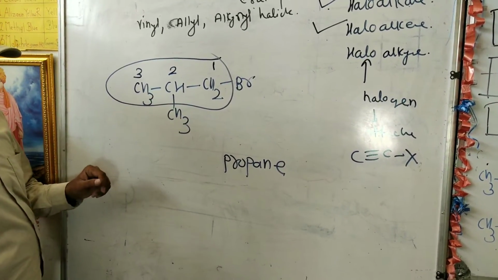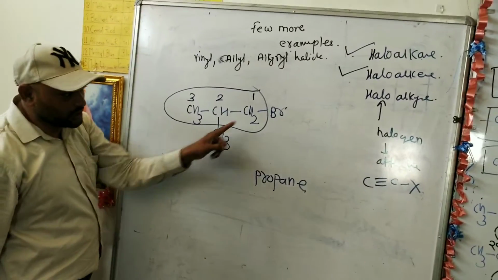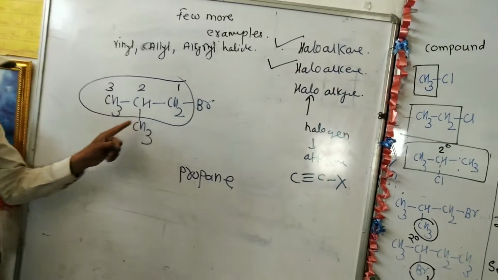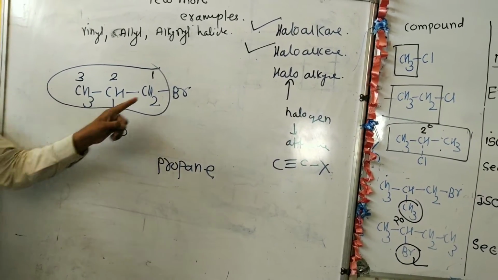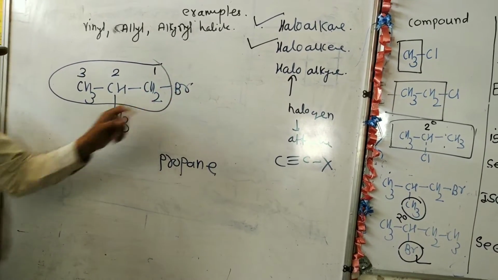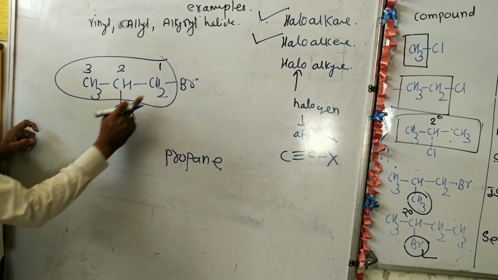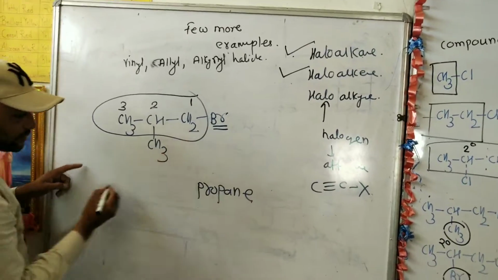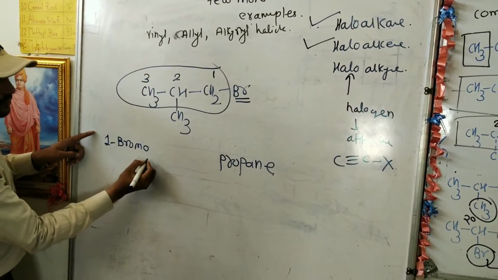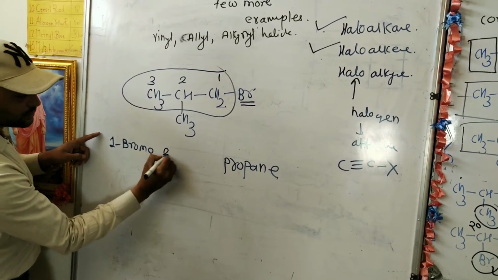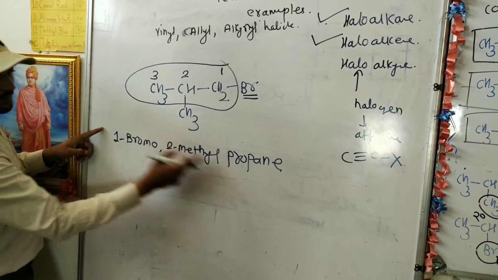What's remaining here in the chain? Bromine and methyl. So these groups can be arranged accordingly in IUPAC alphabetical order. So first carbon bromine and second carbon methyl. So we take alphabetical order, bromine. 1-bromo, 2-methyl, and the 3 carbon chain propane.